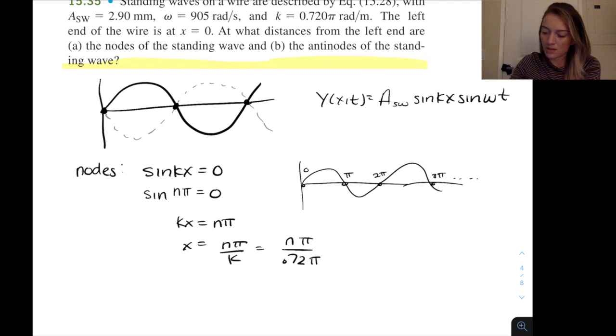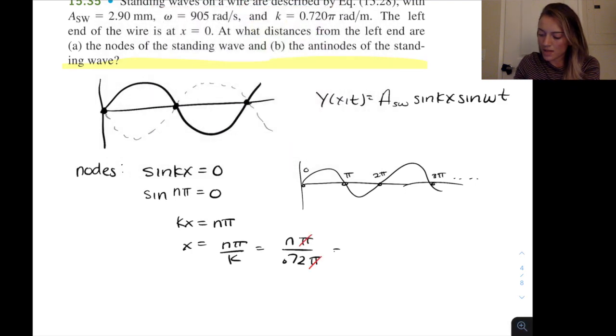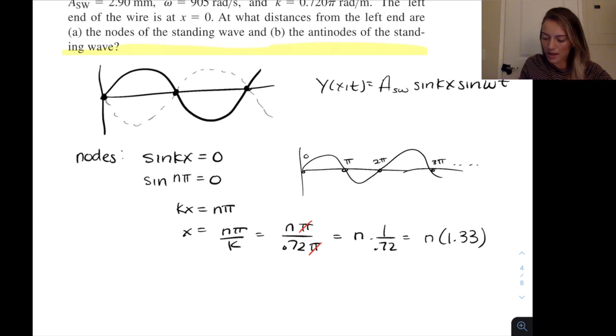And we can see here that our pi's cancel. So we're left with just n times 1 over 0.72. And that comes out to n times 1.33. So our nodes are at x is equal to 0, because we said 0 is definitely a node.